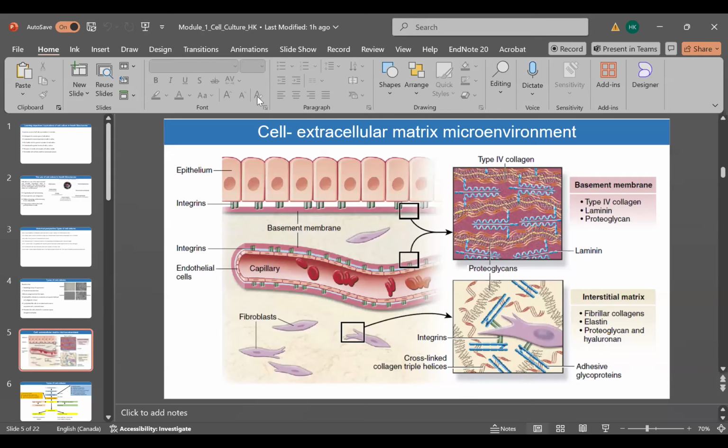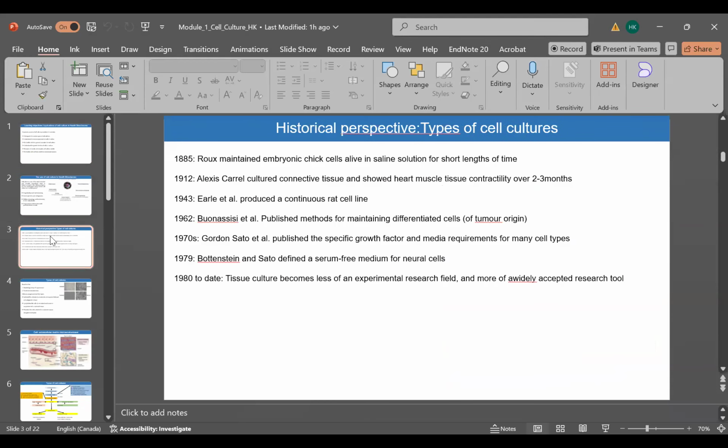Professor, for the slide on the historical perspective of cell cultures, we went over that really quickly. Am I to assume we don't need to know the specifics of who did what and when? Exactly. If I don't really stop much on a slide when I'm describing it, this is just to give you a perspective, so that if someone would like to really know more, you can go and read more.